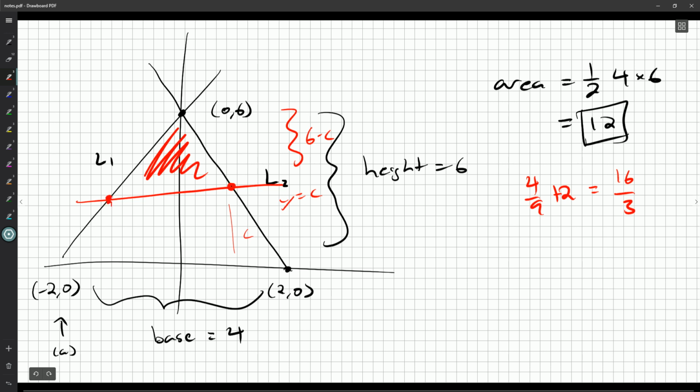What about the new base? Well, we could find out where y equals C intersects these two lines. Thanks to A and B, we know the equations for these lines. So C equals 3x plus 6, and C equals minus 3x plus 6. Okay, we should get nice symmetry here.